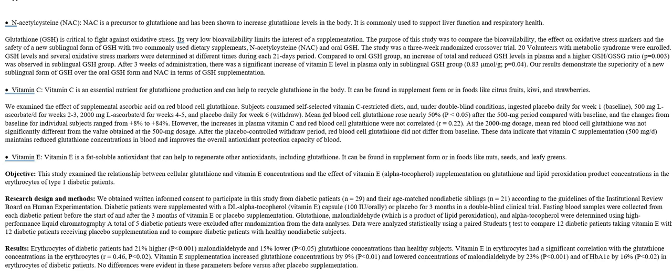Withdrawal. Mean red blood cell glutathione rose nearly 50 percent with a p-value of less than 0.05 after the 500 milligram period compared with baseline, and the changes from baseline for individual subjects ranged from plus 8 percent to plus 84 percent. The increase in plasma vitamin C and red blood cell glutathione were not correlated, with a ratio of 0.22 at the 2000 milligram dose.